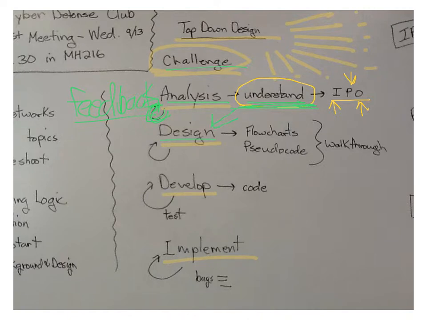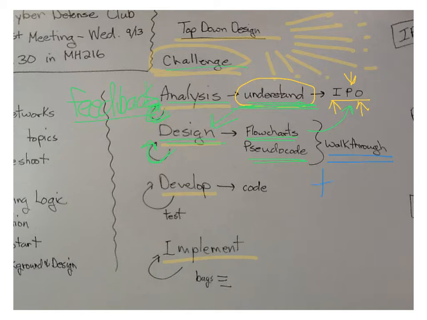Okay? Then we make a design. Design again has feedback. We can make a flowchart that we think will represent this IPO, or we can do pseudocode. Flowcharts diagram, pseudocode text. So then we can reiterate those until we're sure the design is correct. Then we do a walkthrough.